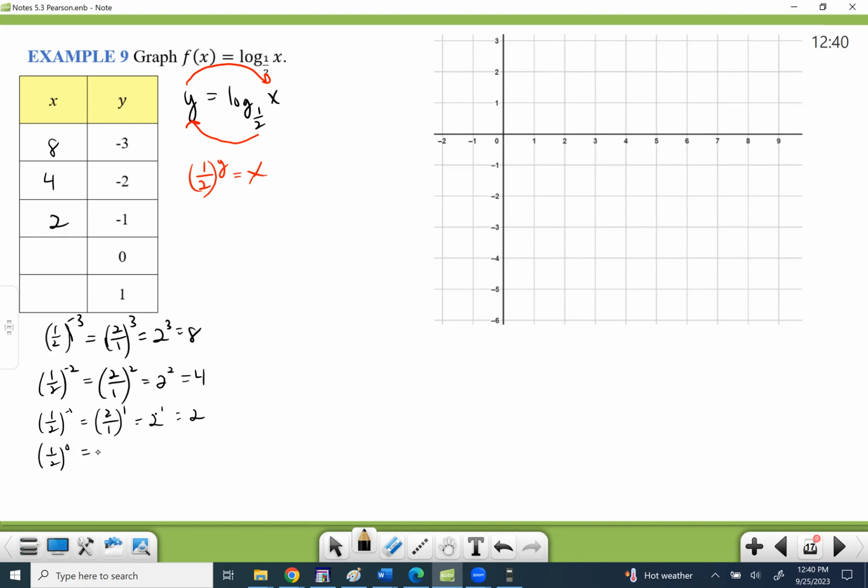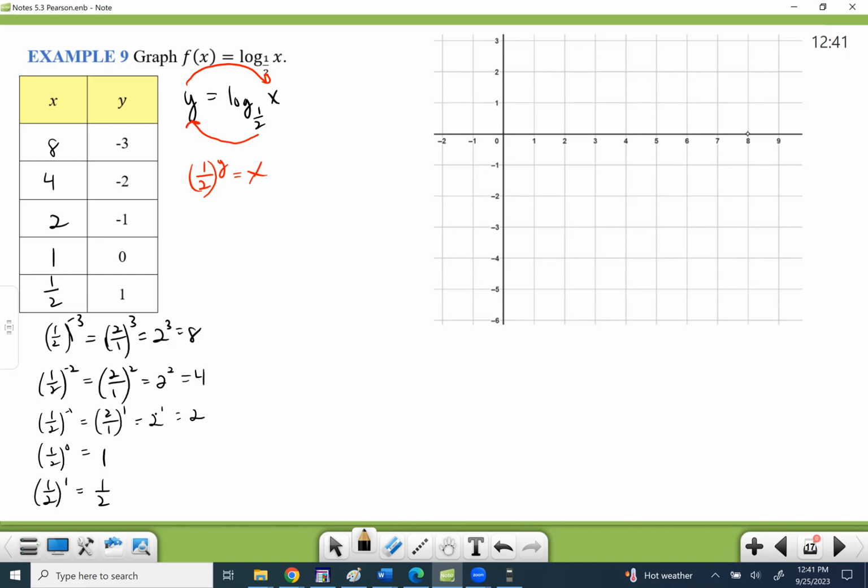Anything to the 0 power is 1. And anything to the first power is itself. Look how quick that is, especially if we can get used to it, versus going to our calculator to get all these values. That's fast.